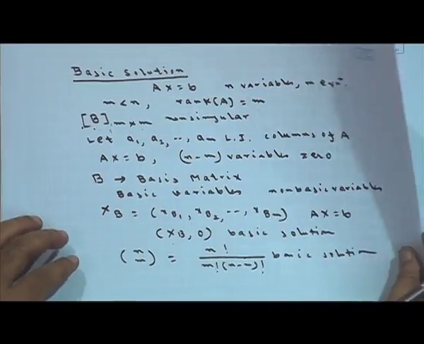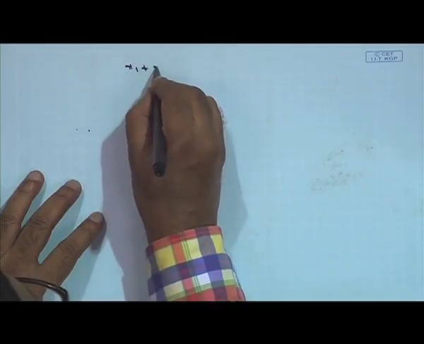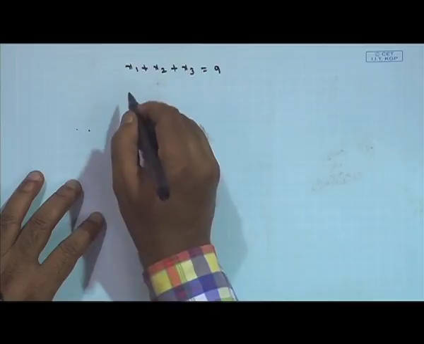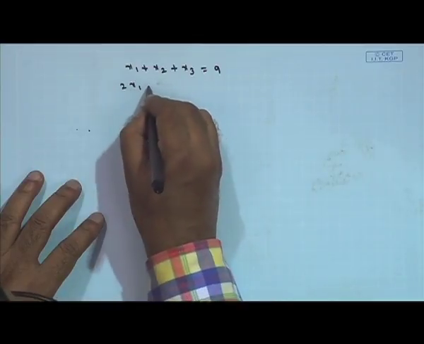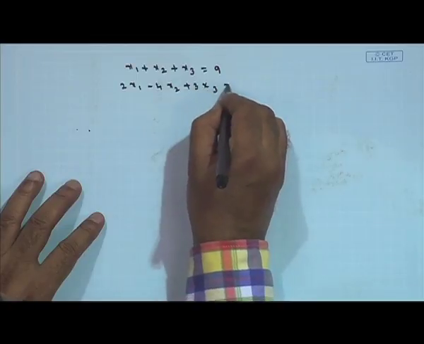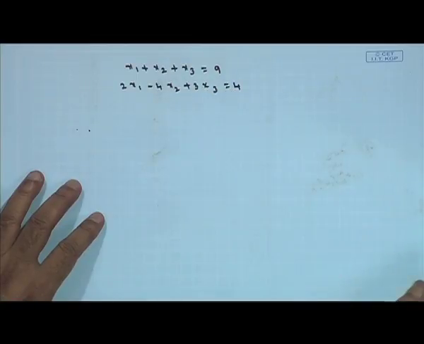Let us take an example. Take the equations x1 plus x2 plus x3 equals 9, and 2x1 minus 4x2 plus 3x3 equals 4.